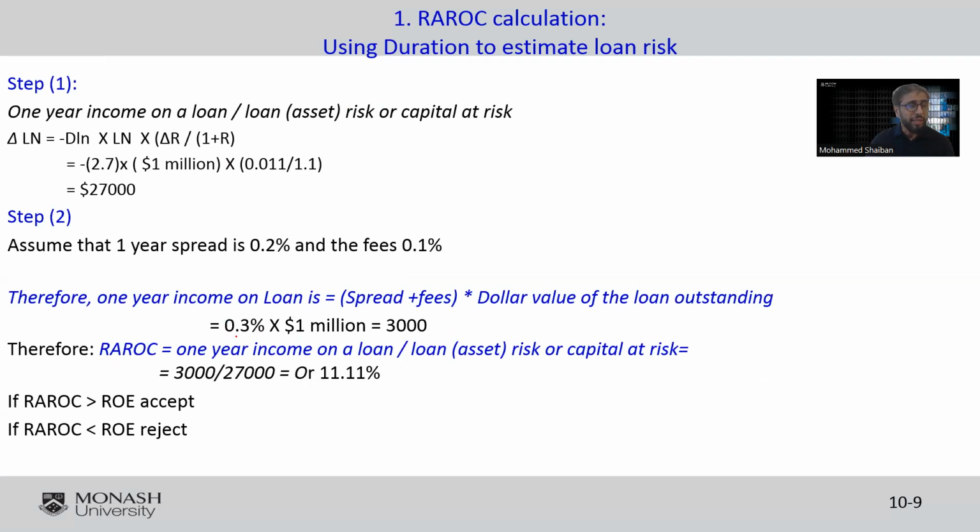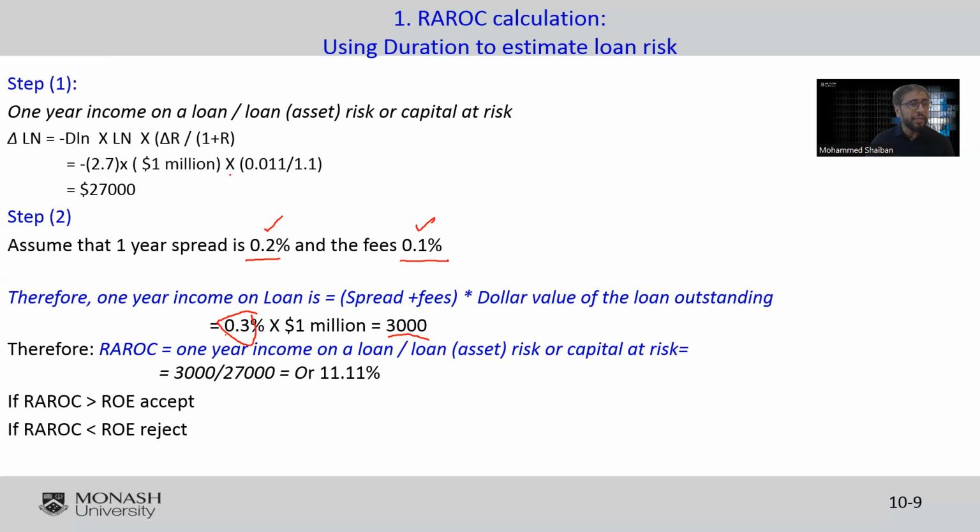For example, if the fees are 3,000, which is 3% over the 1 million, and the spread is 2%, then we have the 3%, which is this one. You can calculate this alone times 1 million, and this is times 1 million. I just added at least 3%. So this is what we get.